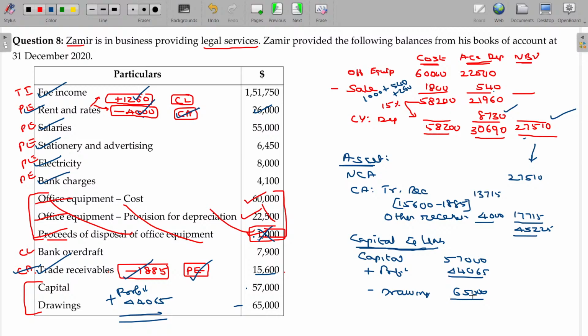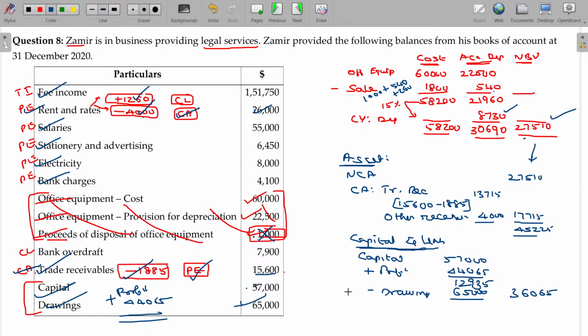So 57,000 plus 44,065 minus 65,000, the value being 36,065. This value being 12,935. So completed.